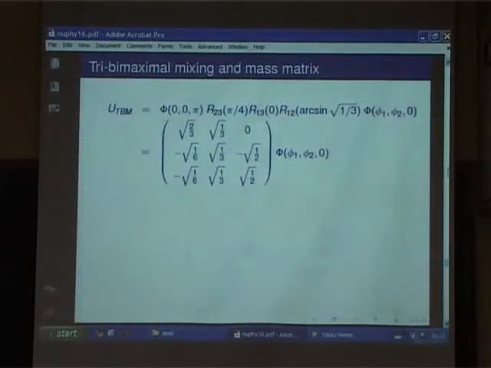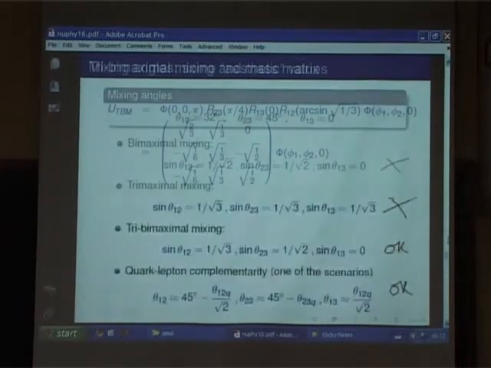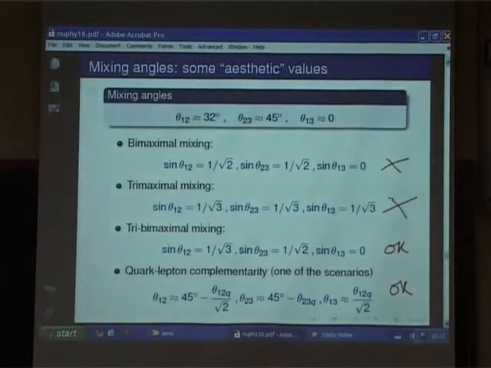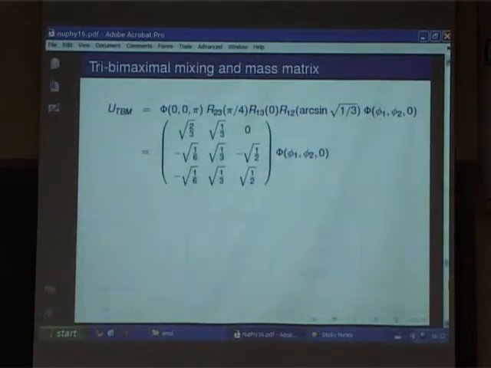So what do we do? Let's say our mixing matrix is tri-bimaximal: 1 by root 3, 1 by root 2, 0. I will put in these values in the mixing matrix and see what I get. So this is my tri-bimaximal matrix, which means that I have these phases phi 1, phi 2.